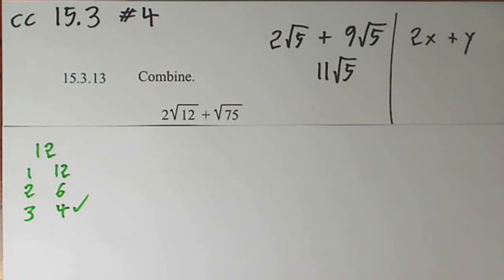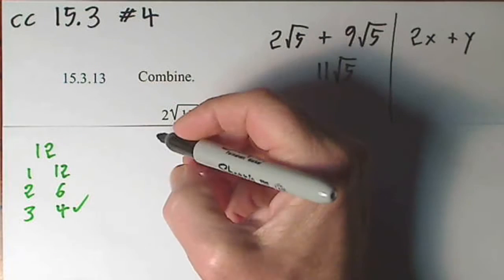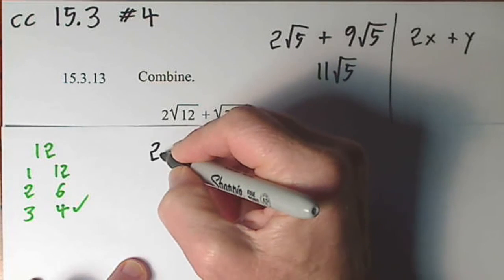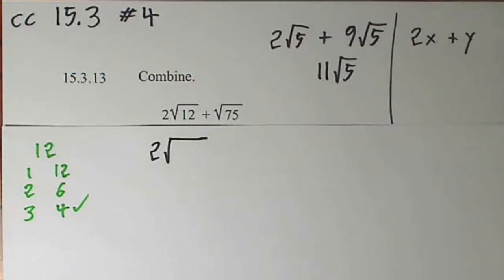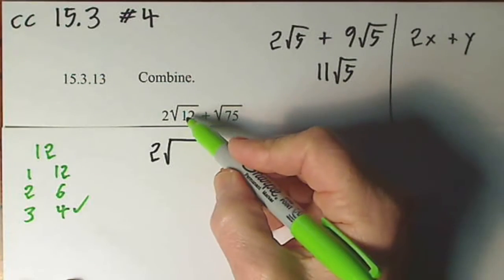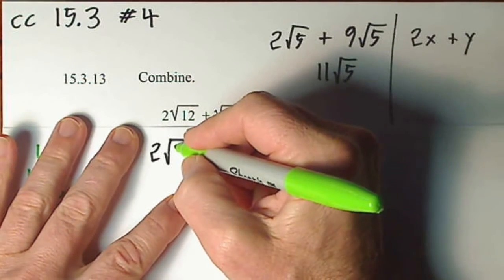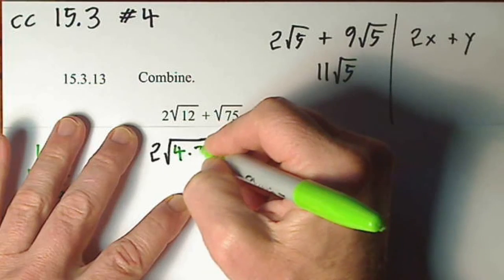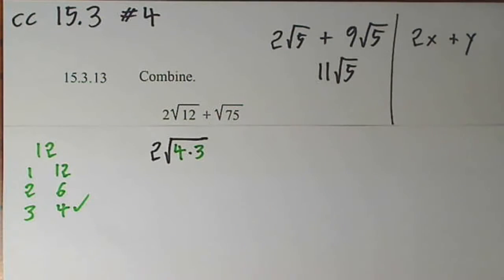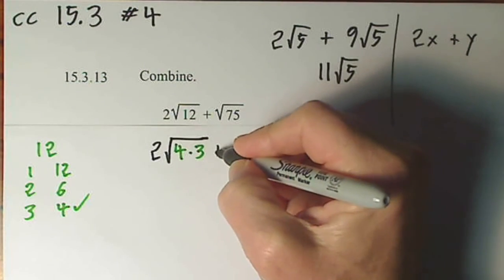Okay. So I'm going to rewrite this 2 radical 12, but instead of writing the number 12, I'm going to write 4 times 3. Okay? And then we'll bring down our plus sign.